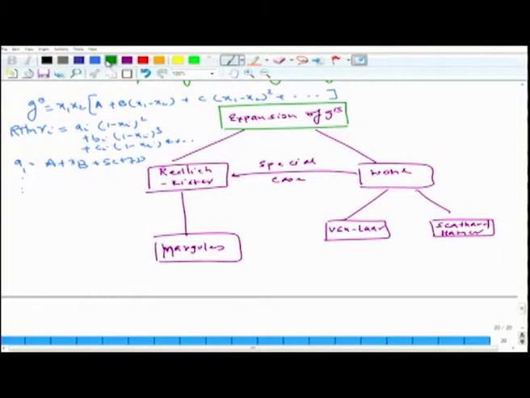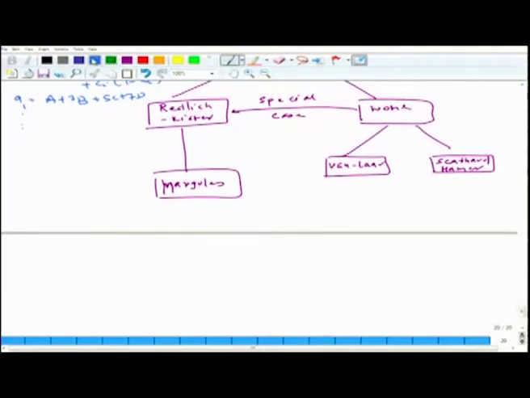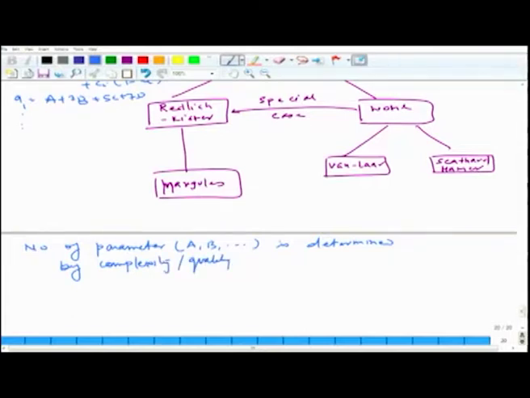In other words, the number of parameters A, B, C is determined by the complexity, quality and quantity of experimental data. Remember, we are trying to fit the experimental data to get information about the system.